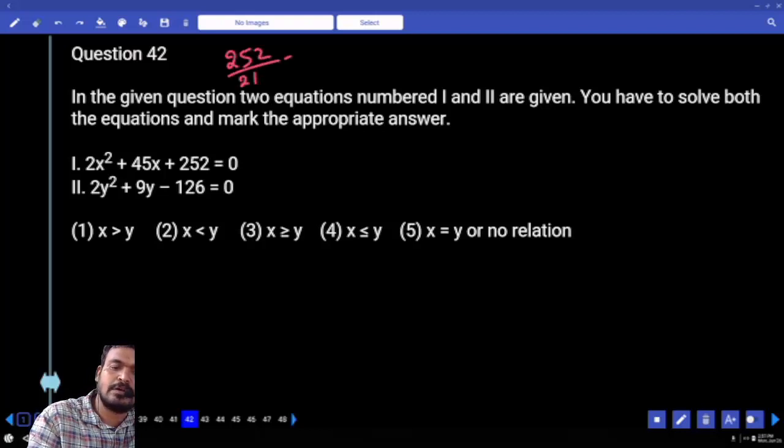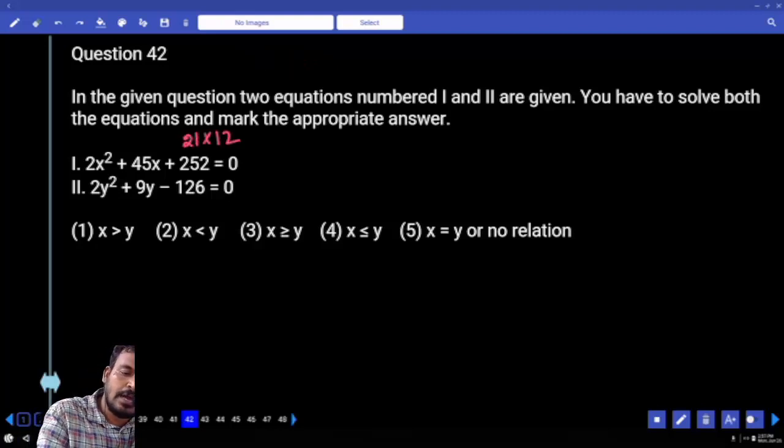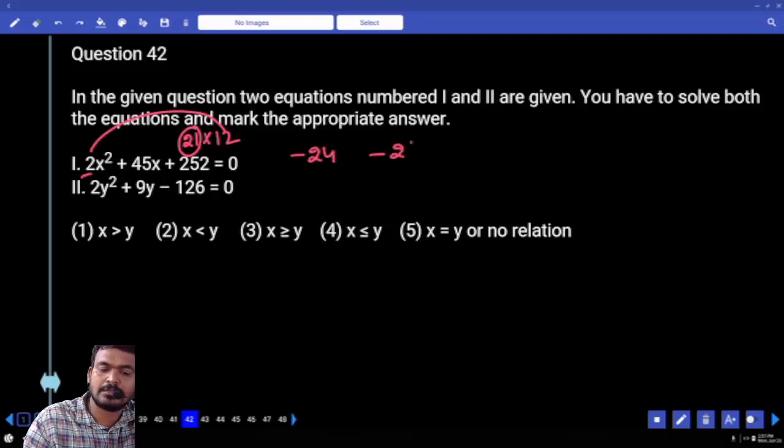How many times? 12 times. Means 252 we write 21 into which one? 12. Already here 2. 2 into 12, 24. Another one 21. 1 will be 21. Another one 24. Then x roots we write, 1 will be minus 24. Another one is minus 21.